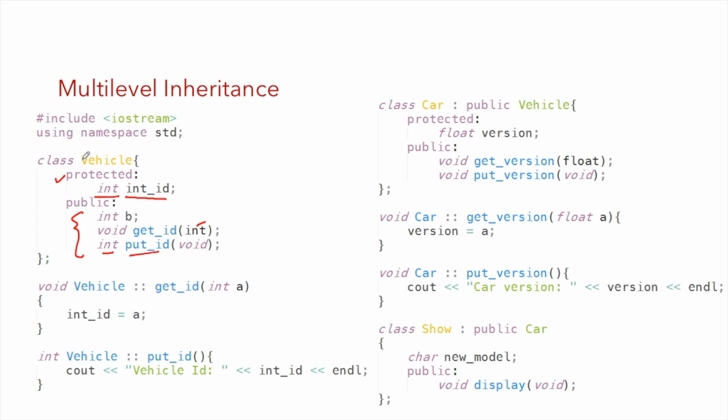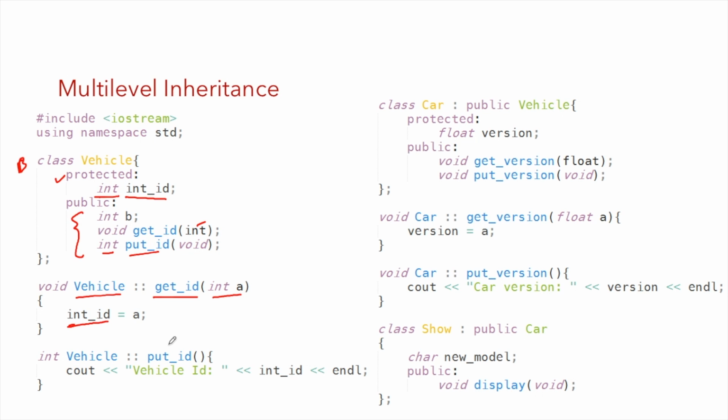So we are just going to assume this as our base class, and I'm going to define my function get_id, which belongs to vehicle. To it I'm passing one integer variable a, and I'm just going to set that value into our protected data member of type integer, int_id.